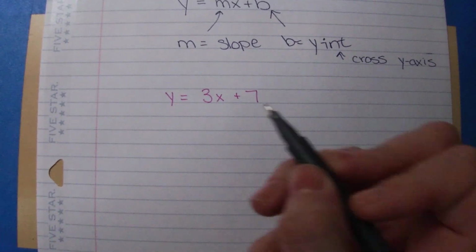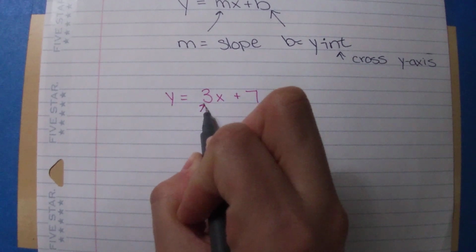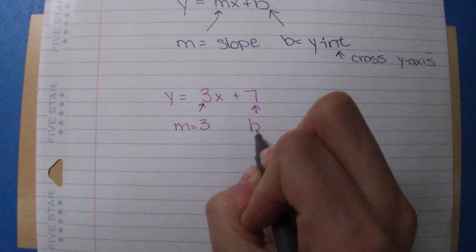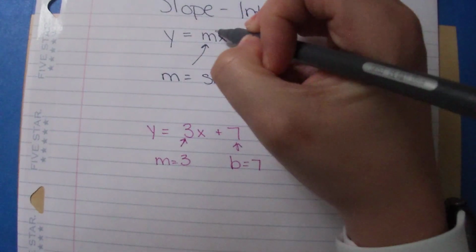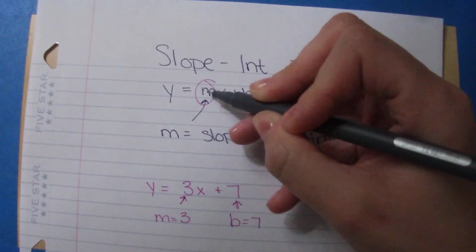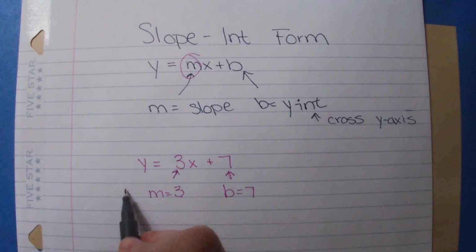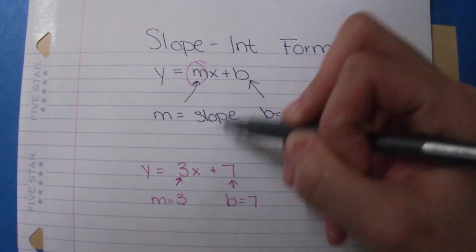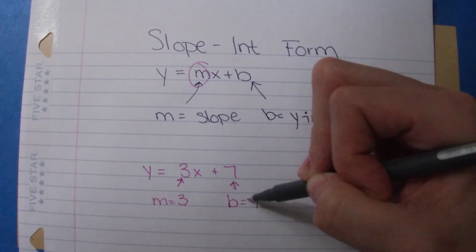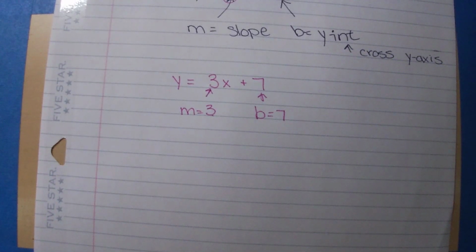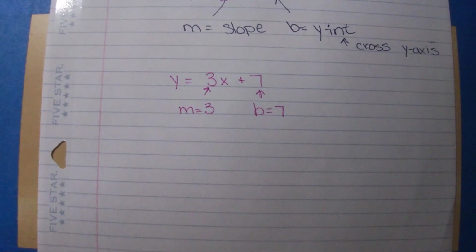So if I look at this, maybe I'll say that m is 3 and b is 7. Okay, so if I have y equals 3x plus 7, 3 is in the m position. So my m is 3. I could also write the word slope here instead of m. And my b, the number in the b position, is 7. So m equals 3, b equals 7. There's really not much more to it other than just finding what's sitting in that location.